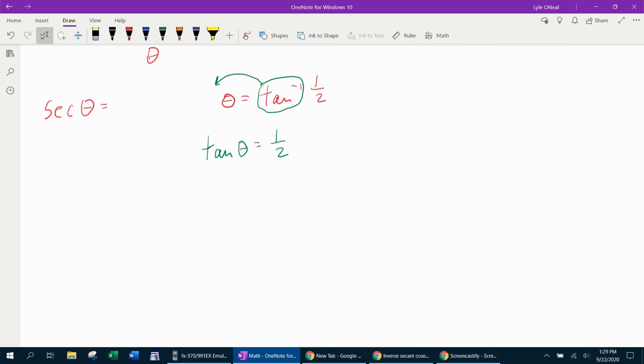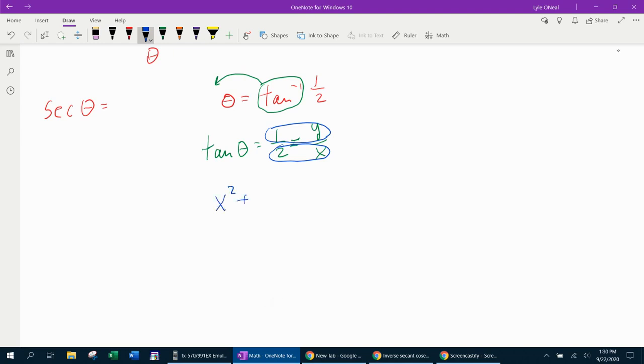Now, at this point, this is not from the unit circle, so we're going to have to do a little bit more work. Knowing that tangent theta is y over x, we can now see what x is and what y is. If I know x and y, I can find r using the Pythagorean theorem, okay?